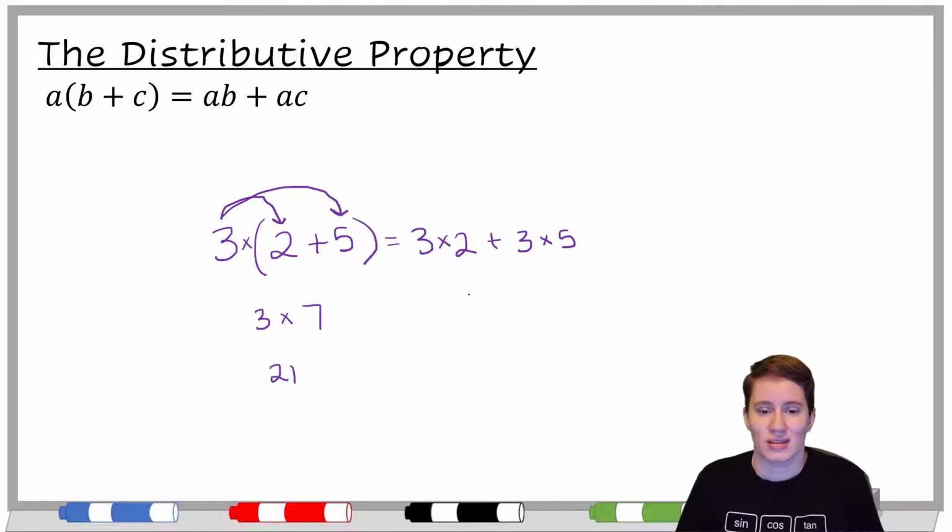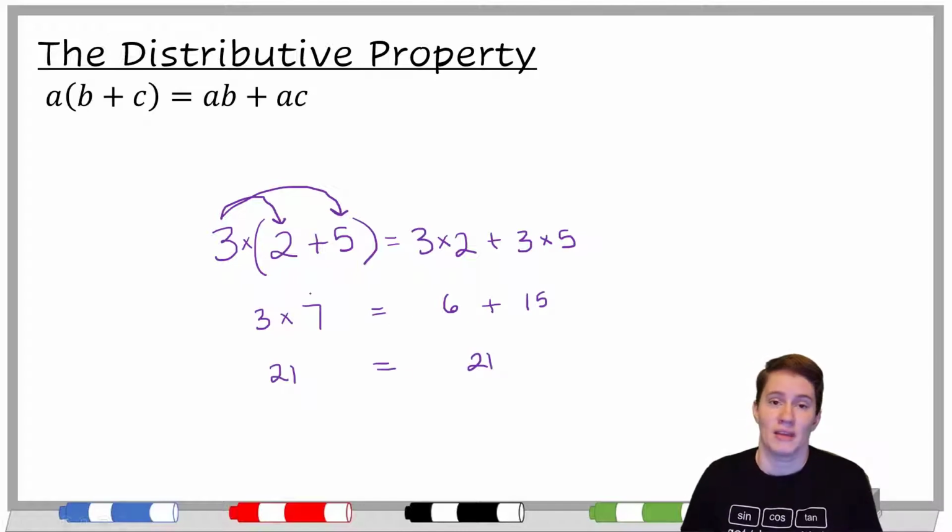Let's see if this gives us the same answer. So 3 times 2 is 6, 3 times 5 is 15, and 6 plus 15 is 21. So these do give us the same thing. Now you may be thinking, the first way seemed faster or easier, or maybe you like the second way better. I don't know.